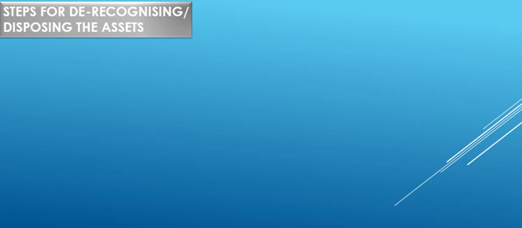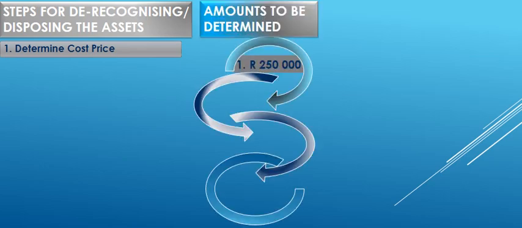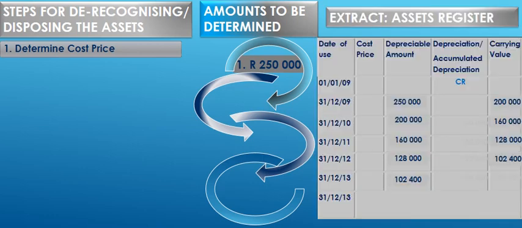When derecognizing or disposing of the asset, the following steps should be followed. Firstly, determine the cost price of the asset that is disposed of. In the example, we are disposing of the asset which was recorded in the asset register at an amount of 250,000 rand.